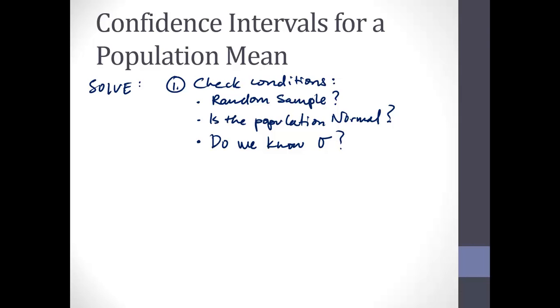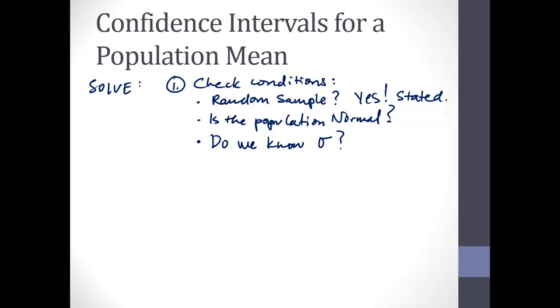So do we have a random sample here? Yes, right? See lots of nodding heads. It's stated in the problem. So we're good there. Is the population normal? Do we have a normal population?